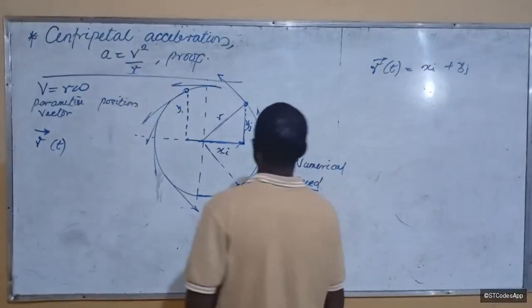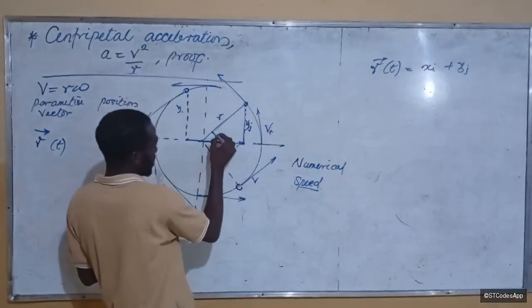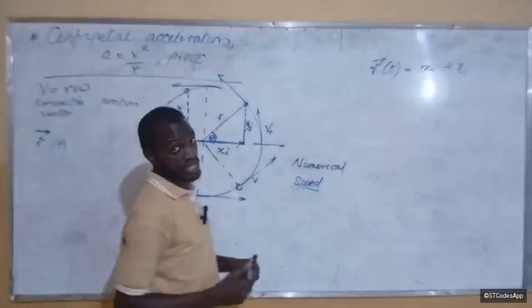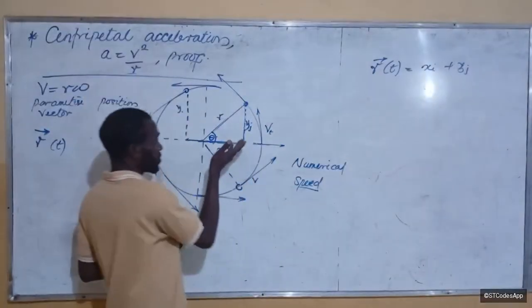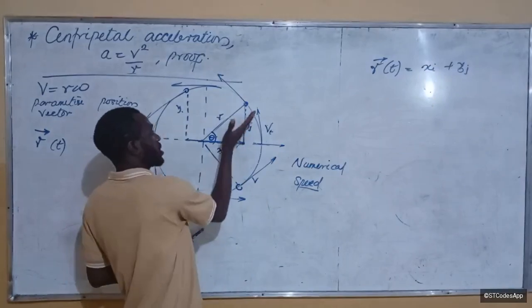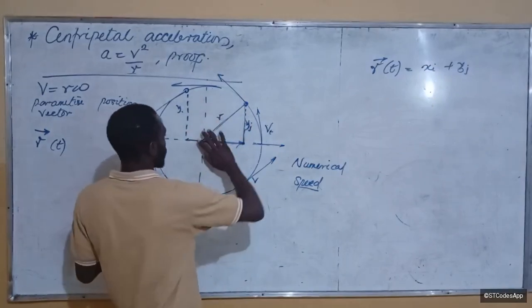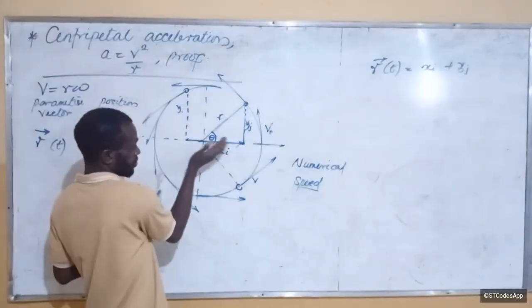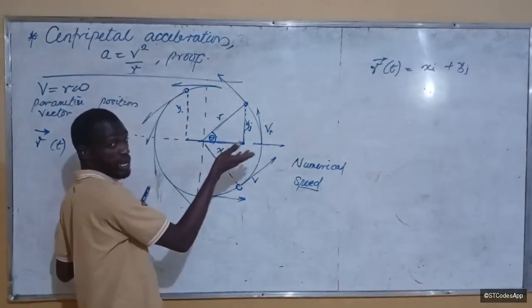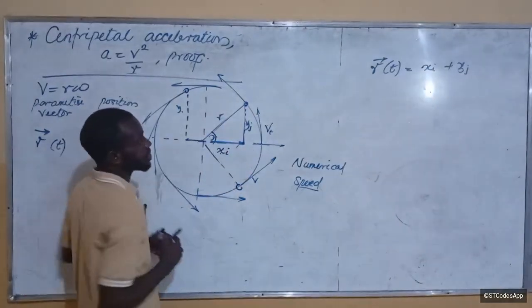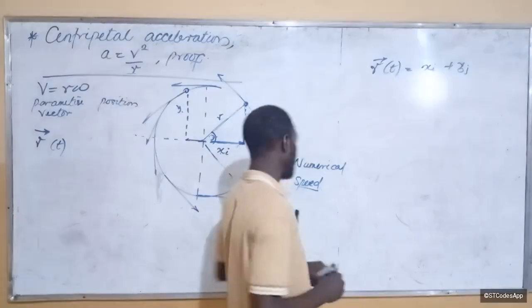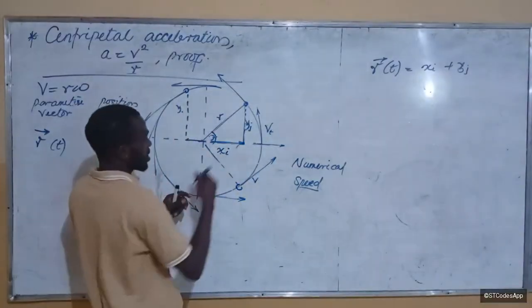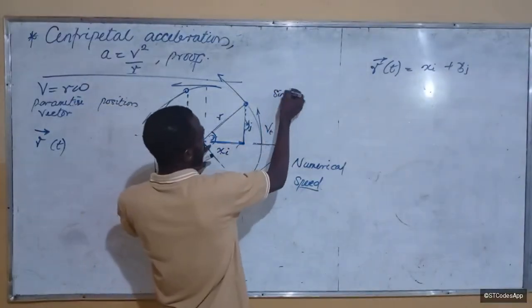Now, what is x i here? The first thing we want to do is this. You know that this position is at an angle theta, right? It has covered an angle theta from this position. Here too, it will have covered an angle theta, depending on where I'm looking at it from. So I want to look at it from this vertical and horizontal line. So from here, what will be the value of sine theta?